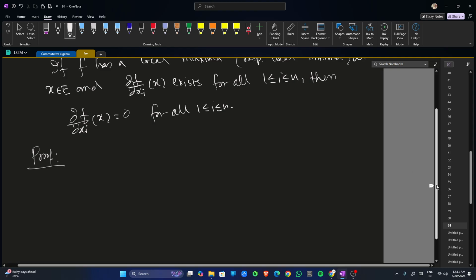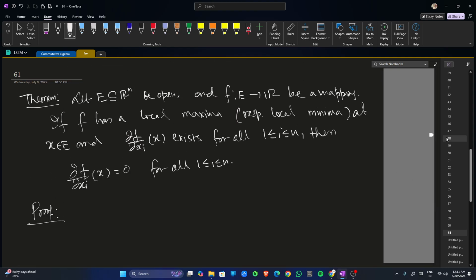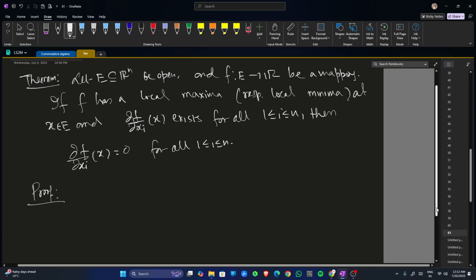We have some similar statement in R. Let (a, b) be an open interval in R, and f a differentiable function from the open interval (a, b) to R. If f has a local maxima or local minima at the point, then the derivative is 0.